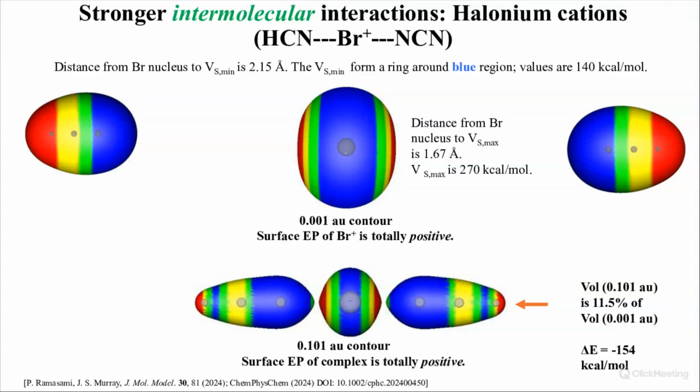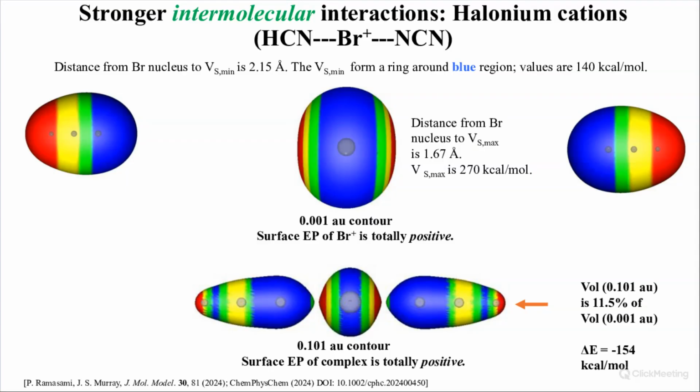What I've been talking about in this section was intermolecular interactions. I'm going to just show this slide. This is an example of a halonium ion interaction where we're looking at HCN, and this is NCH, neutral, the potentials far apart.